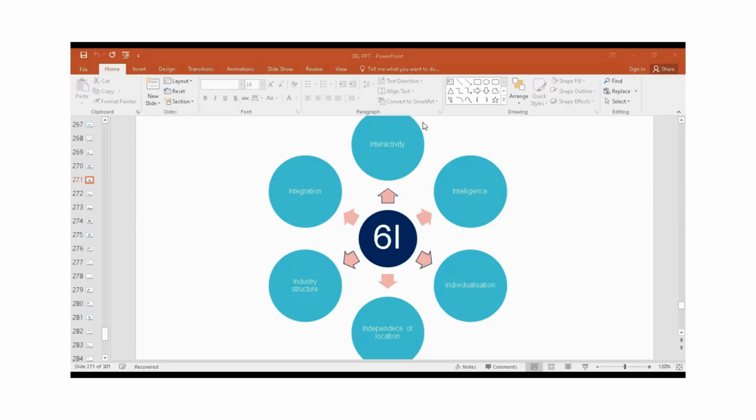Then the next one is independence of location. We understand that it is no longer particular about a location. Now it's a global market.